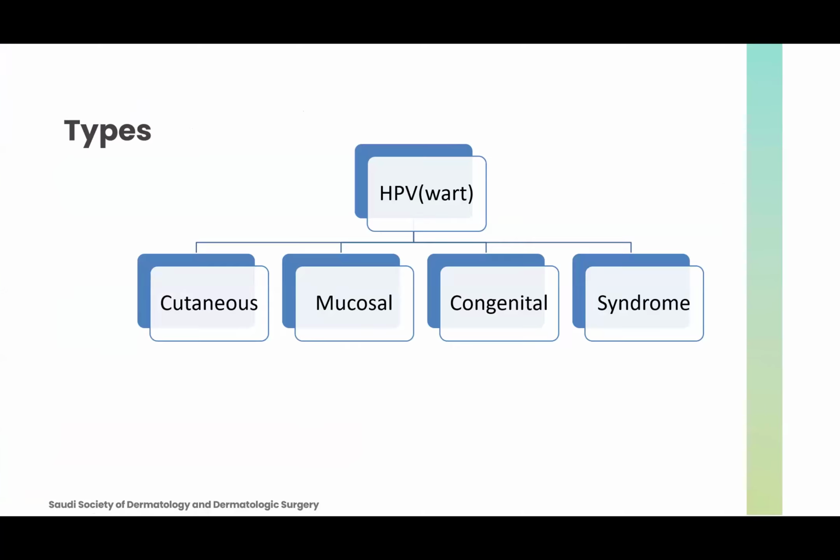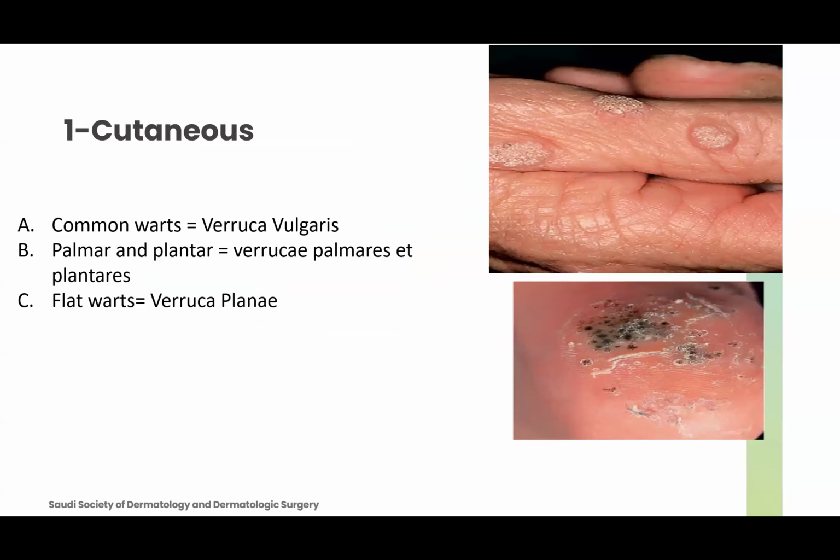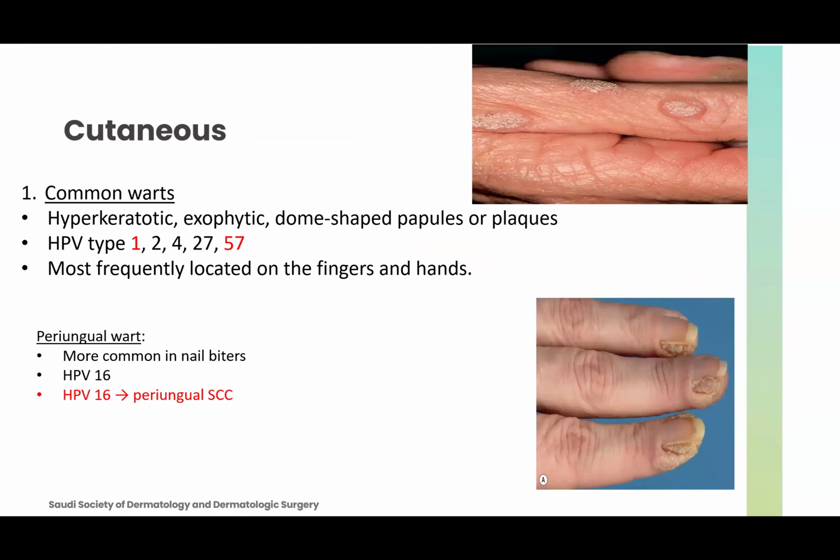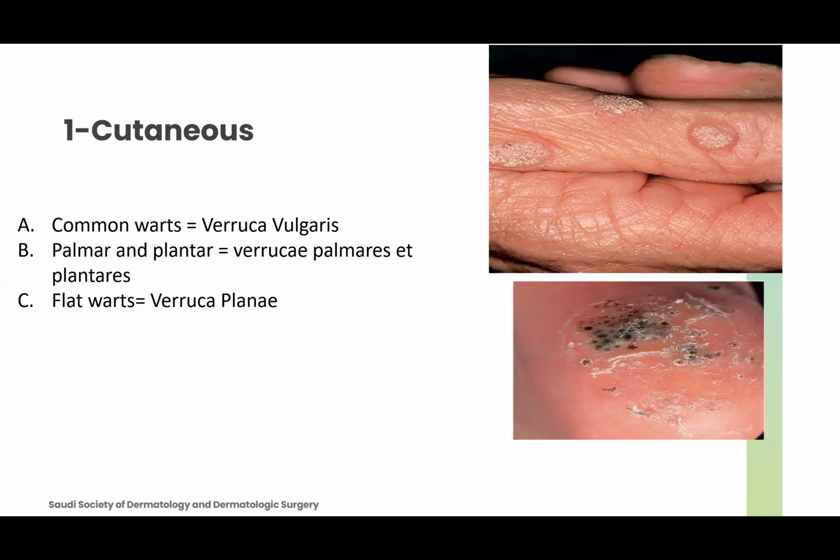So basically, we can subdivide HPV or wart into four main subcategories. It could be cutaneous, mucosal, congenital, or syndromic. We will start with the cutaneous. We have three subtypes of cutaneous warts. Number one, common wart, also known as Verruca vulgaris.